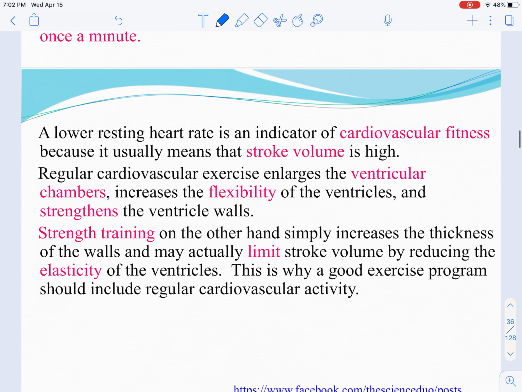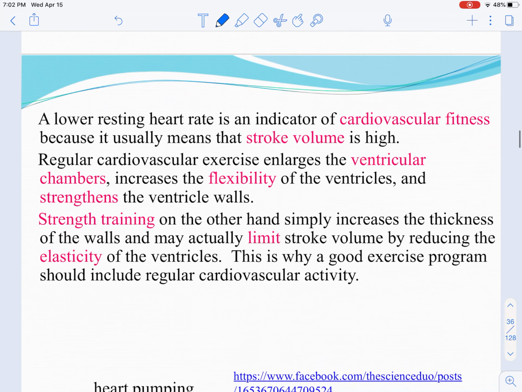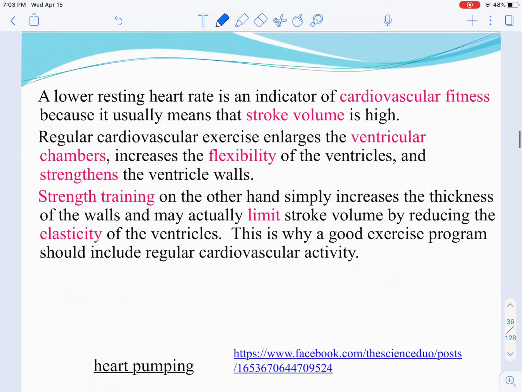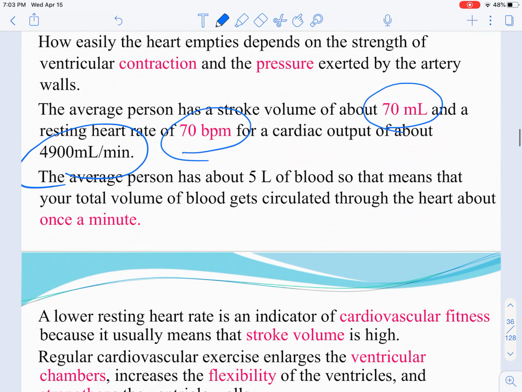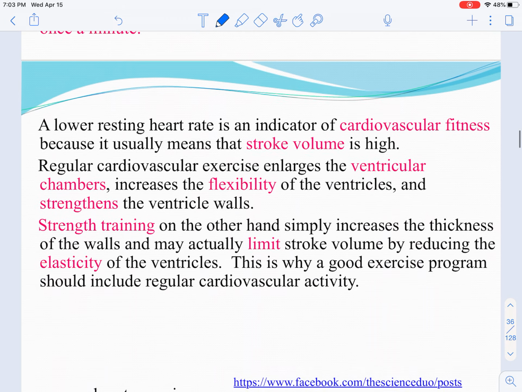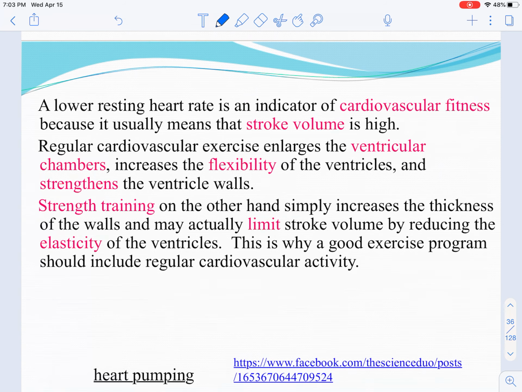All right, so a stronger heart will mean that you will be able to move more blood per beat, so you won't have as many heart beats per minute. So some athletes are found to have, instead of 70 beats per minute, even half of that.